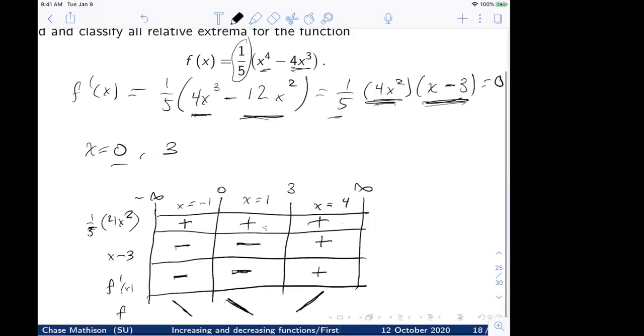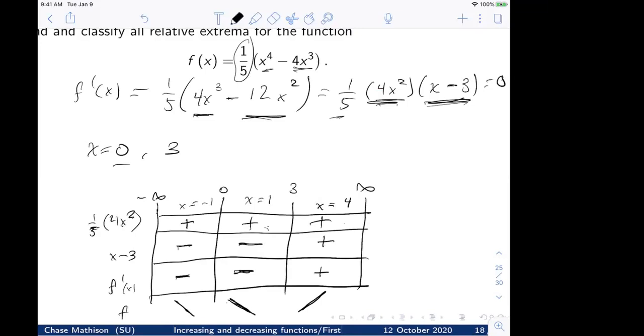So what relative maximum or minimum values do we have and where? We have a relative minimum at 3. Perfect. Relative minimum at x equals 3. And then the only other place we could have a relative extreme value is at x equals 0, right?